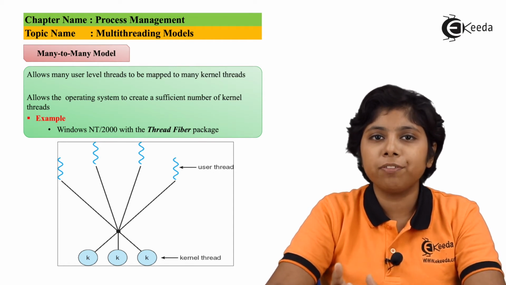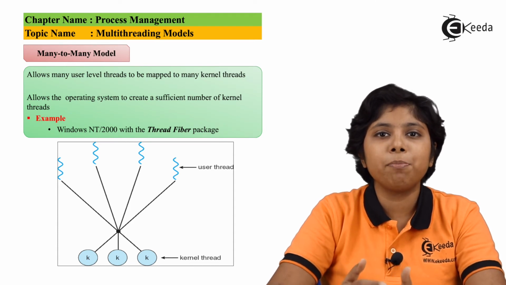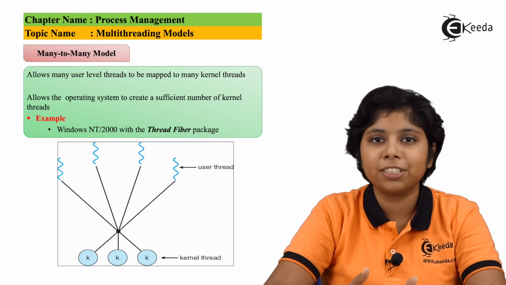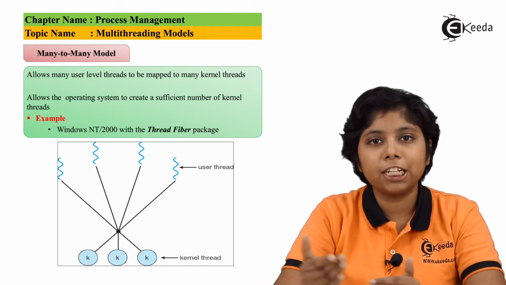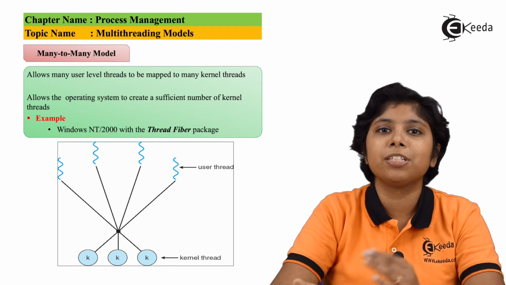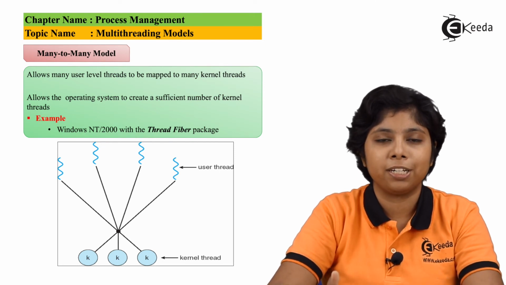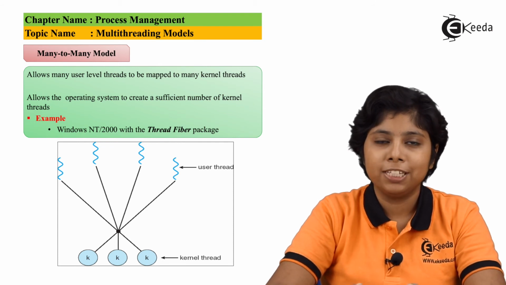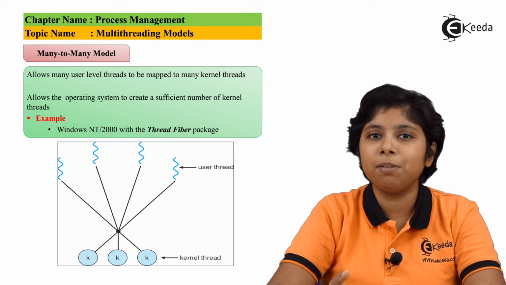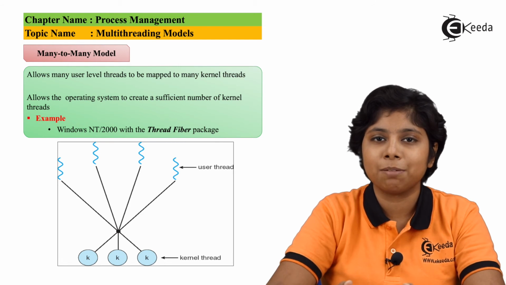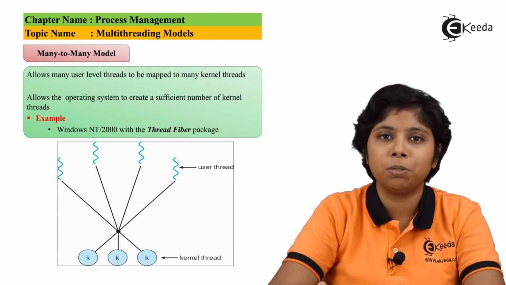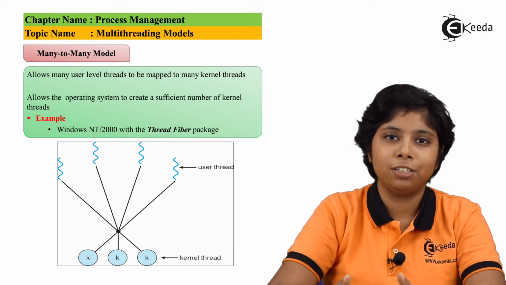Now, one variation of the many-to-many model allows many user-level threads to be mapped to an equal or lesser number of kernel threads, along with allowing a user-level thread to be bound to a kernel-level thread. This model is known as the two-level model. This two-level model is often implemented in many operating systems, as it has the advantages of both the one-to-one model and the many-to-many model.